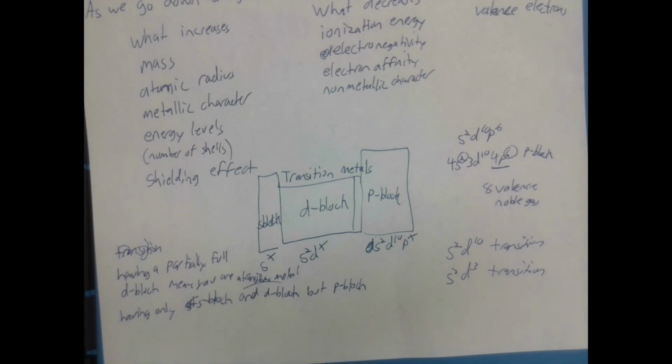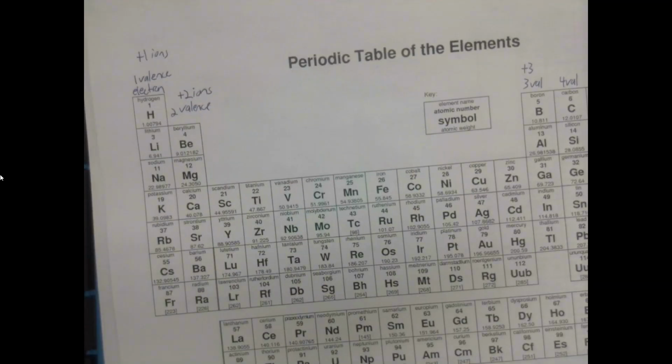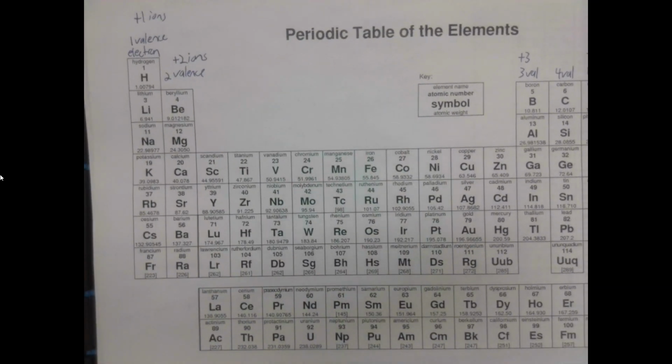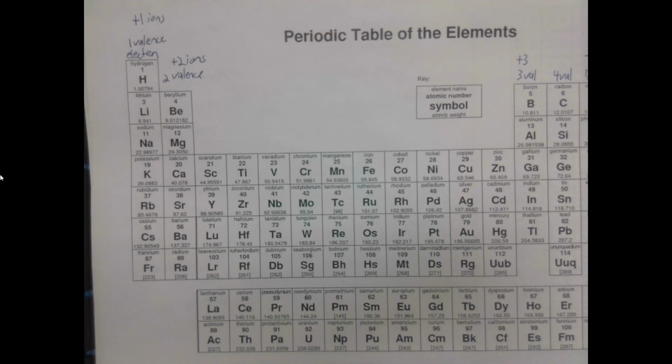And I ask a lot of how many valence electrons does something have? So sulfur, how many valence electrons does sulfur have? 6. Which atoms become cations, meaning positive ions?